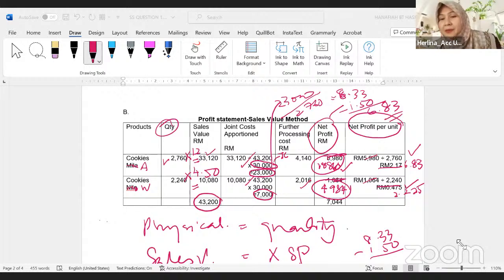The methods are physical measure and also market-based allocation: sales value at split off, and also we have net realizable value. What about the byproducts? So for the byproducts, we have two methods for the accounting: production method and sales method, right? So that Bu Ana explained before, this profit statement at sales value method, this is for the byproduct. Okay. So any question from you?